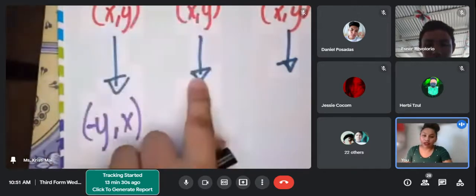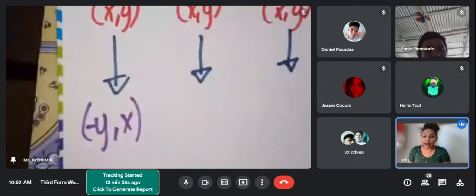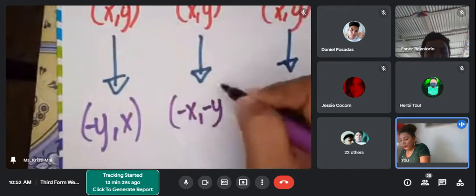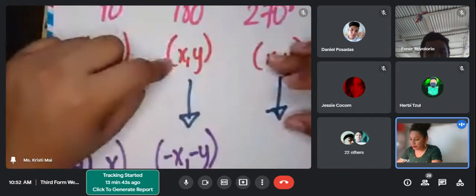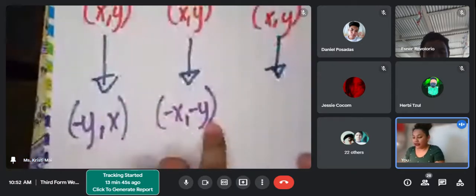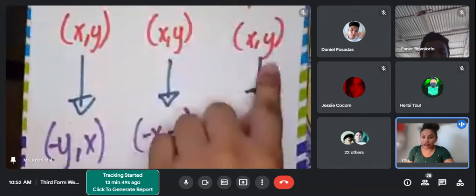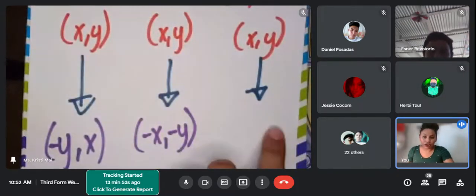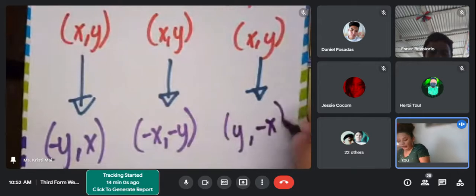When we talk about the 180 degrees and they give me my original point and I want to change that, my new point goes from xy to negative x, negative y. And then when I have 270, I have xy, and for me to be able to change that, my coordinates shift and now become y, negative x.